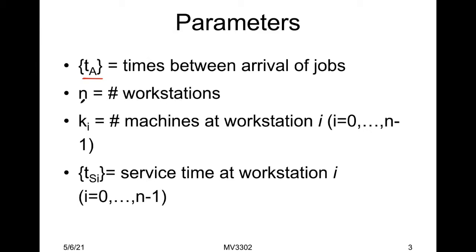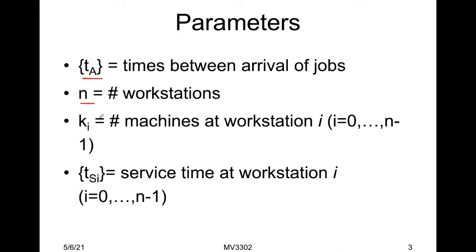Here we're parameterizing the number of workstations. This generalizes the tandem queue, because with the tandem queue there were two, and we're stuck with two. What's nice about this is that we can model any number of workstations with the same structure of the model. We just have to give it the right parameters.